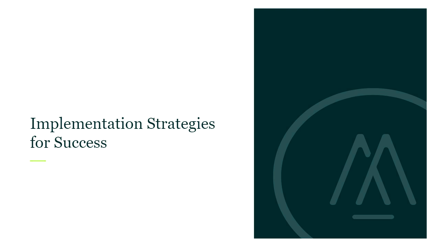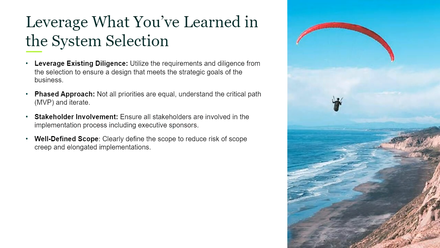Thanks, Kevin. When you get to moving from the selection effort and pivoting into implementation, there are some things that you want to definitely take into consideration. We went over a rather structured selection process designed to provide decision support.